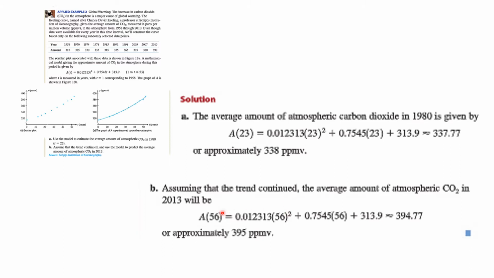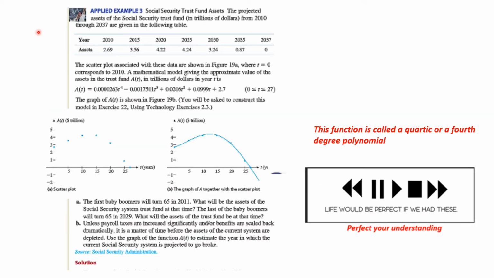And 2013 is going to be 56. We plug 56 into the expression and do the calculation. You will be using calculators, but you'll be using the calculators that are on the PC, and you'll get 395 parts per million volume.